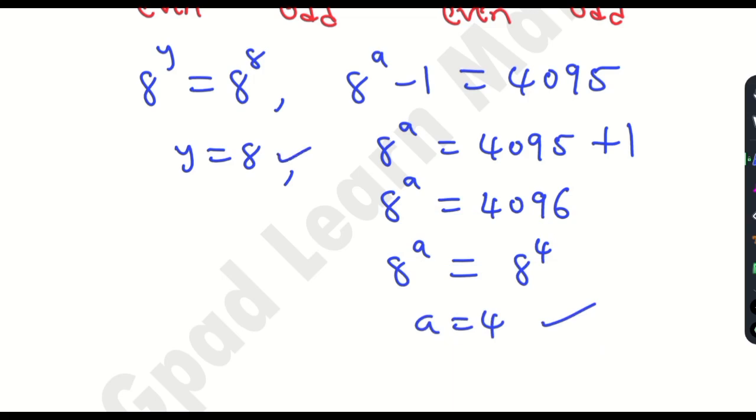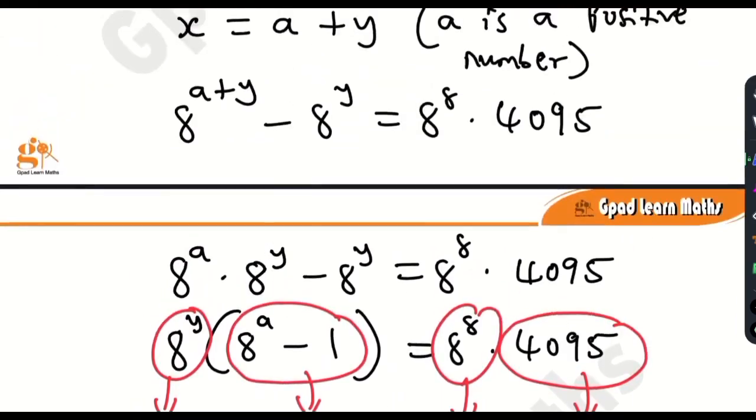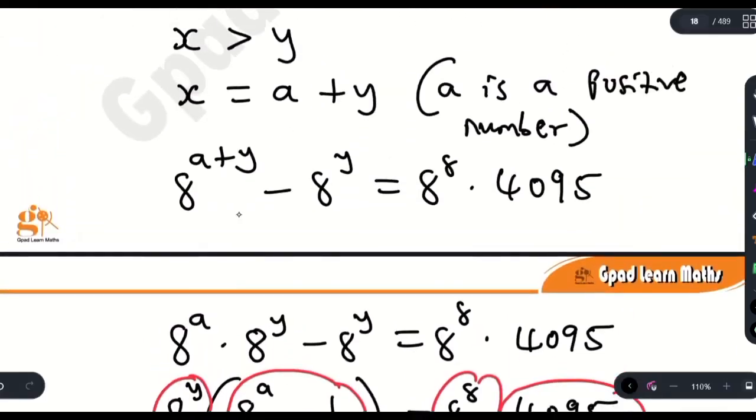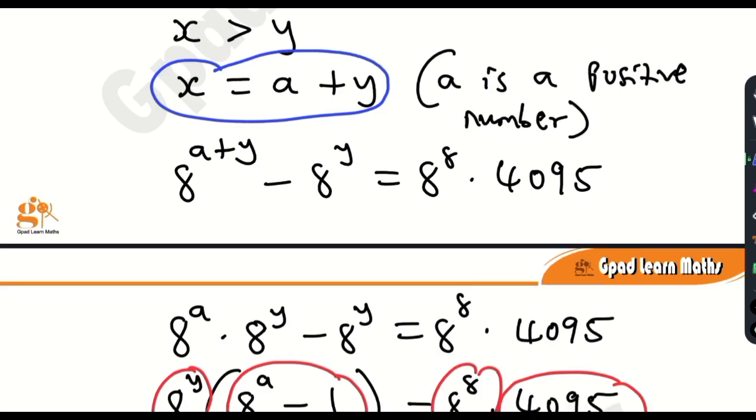But remember, what we are looking for is x and y, not a. We just brought a into the picture. So let's go back and look at the equation that ties a, x, and y. See it here. x is equal to a plus y.